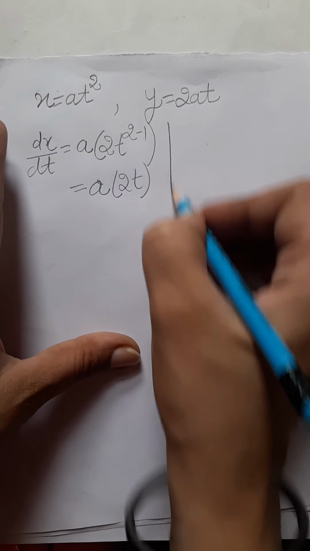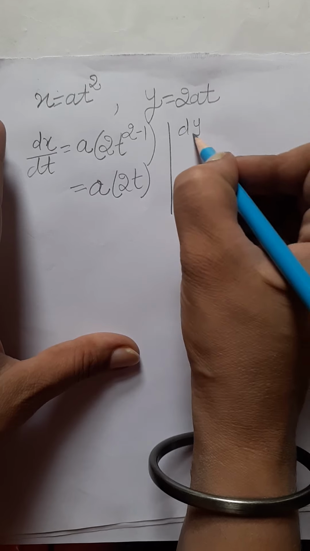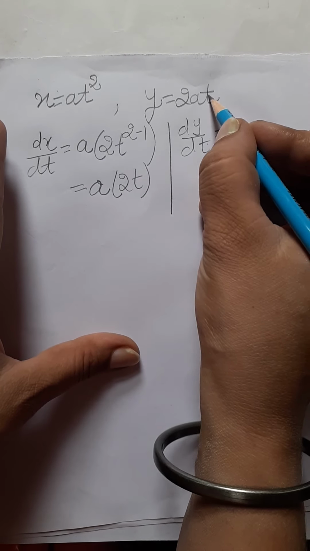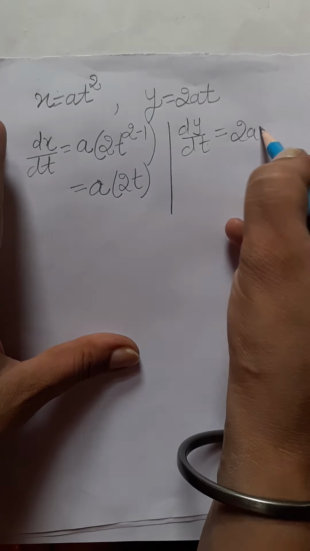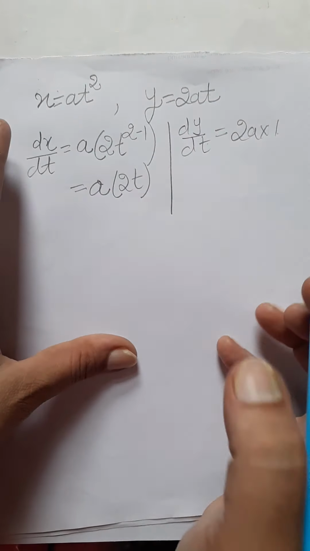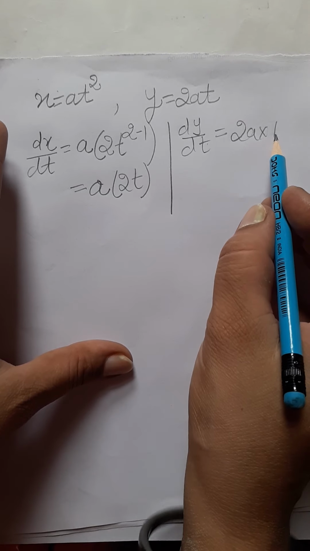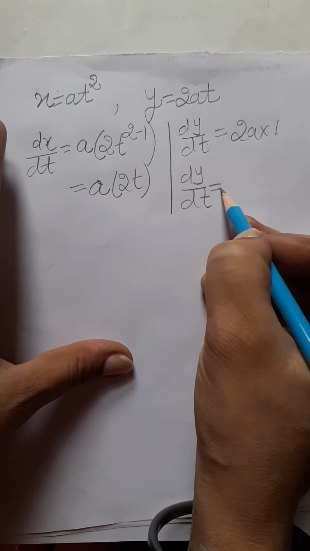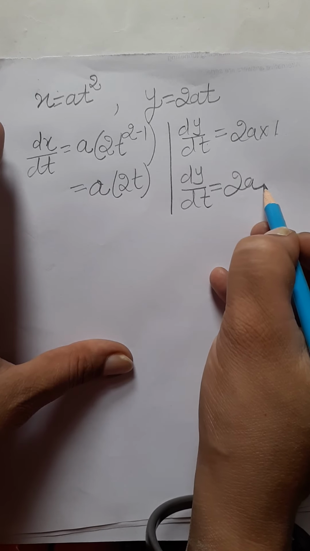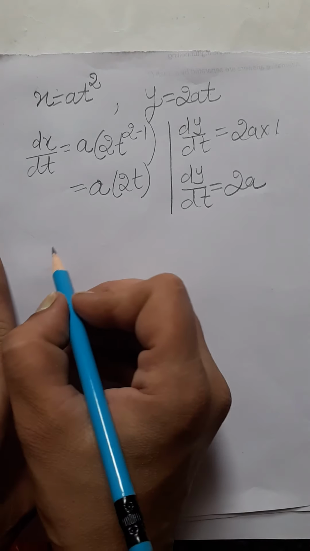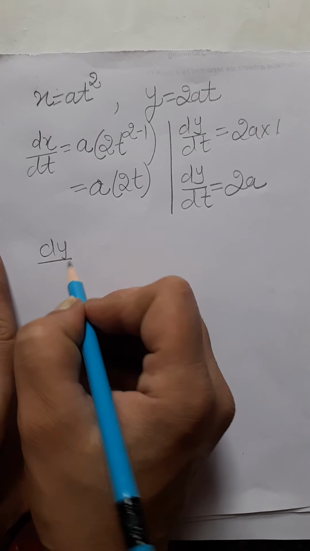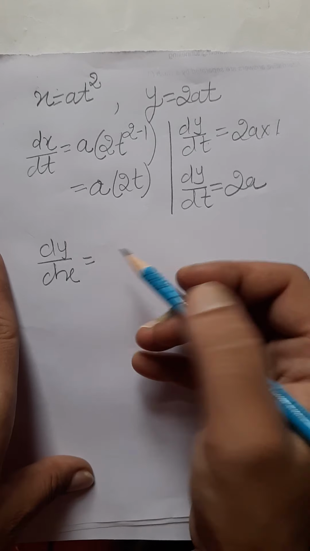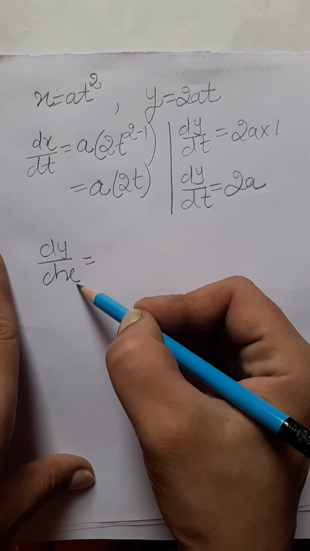Then we take the derivative of y, and the derivative of t is equal to 1, and we find dy/dt is equal to 2a.